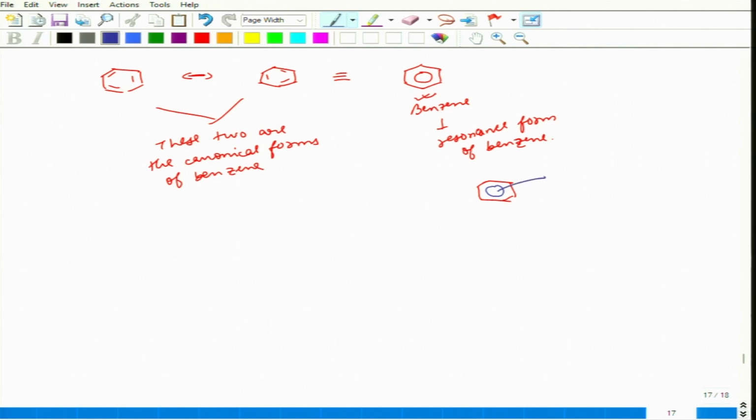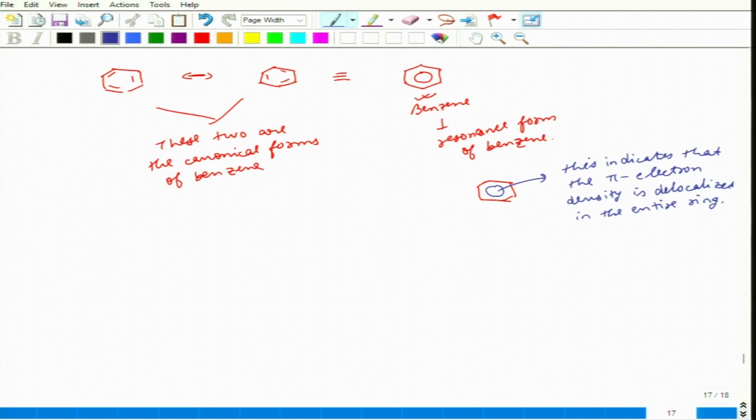The circle indicates that the pi electron density is delocalized in the entire ring.